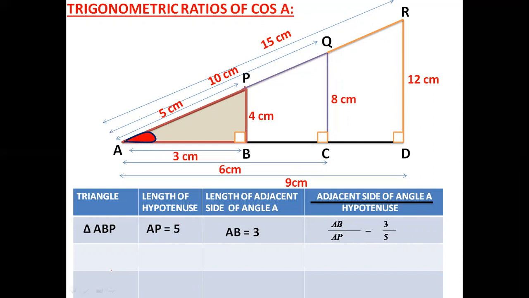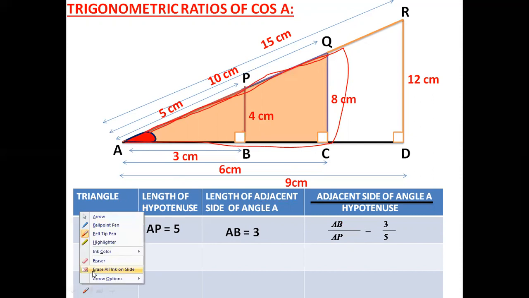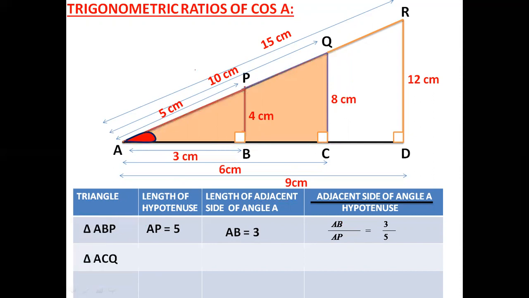Now you take another triangle ACQ. So ACQ, this triangle I'm taking. So in this right angle triangle, what is the hypotenuse? AQ is the hypotenuse.